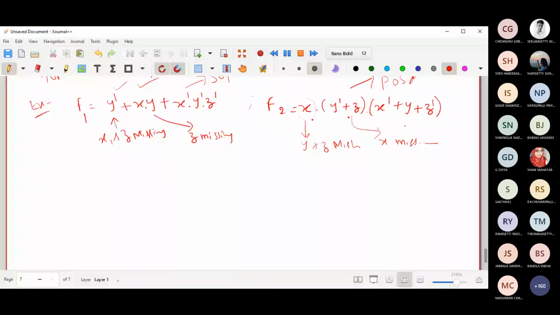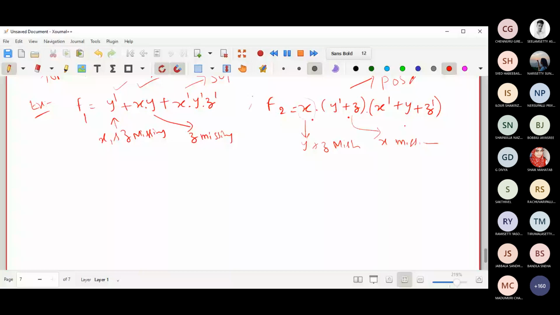Clear? Suppose to draw a logic diagram, you know already how to draw the logic diagram. You can draw the logic diagram, no problem. Most of the questions they will ask are about drawing the logic diagram. Based upon the product terms we require AND gates, and based upon the sum terms we require OR gates.